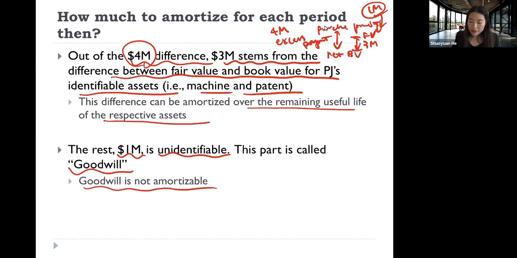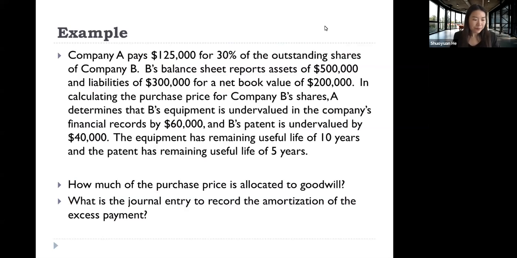Here, we use this example to illustrate the fifth journal entry. Now let's look at an example. Company A pays 125,000 for 30% of the outstanding shares of Company B. B's balance sheet reports assets of 500,000 and liabilities of 300,000, which means the net book value is 200,000.